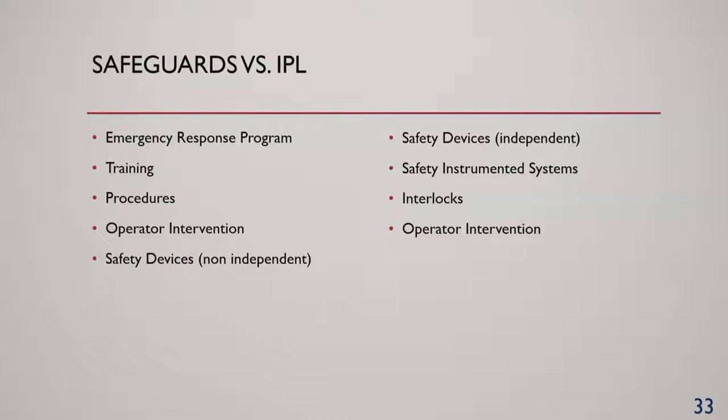So if we take a look at, again, a very simplistic list I have here of safeguards versus IPL, some things that we might see in PHAs as common safeguards, which we might not feel are very strong safeguards, is having an emergency response program. Again, that's something that'll help mitigate the scenario, but it will not prevent the scenario's consequences from happening.